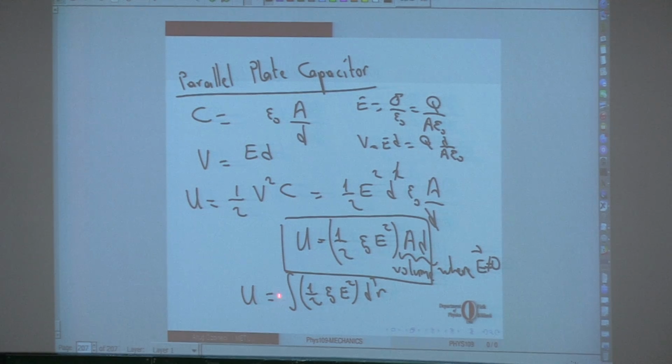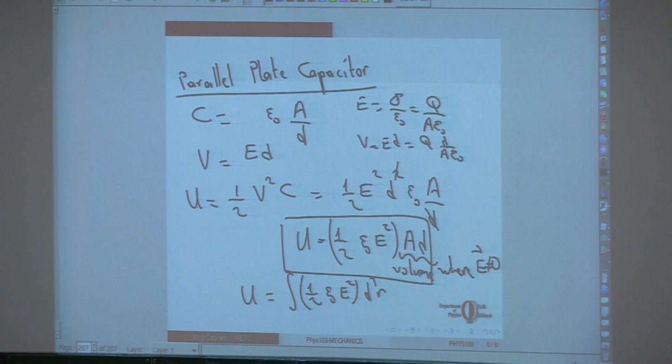You can also write the potential energy for any system, in fact. Now, this is valid only for the parallel plate capacitor. If you have charges arranged as a parallel plate capacitor, then the electric potential energy of the system you can write in this form.